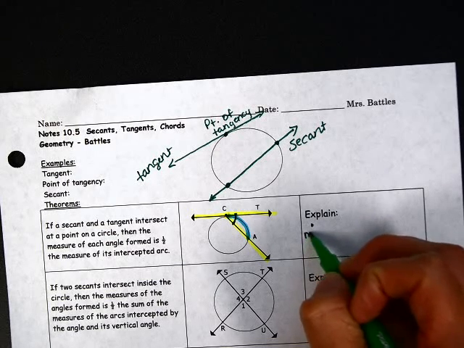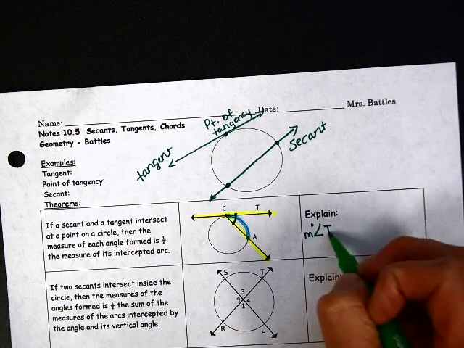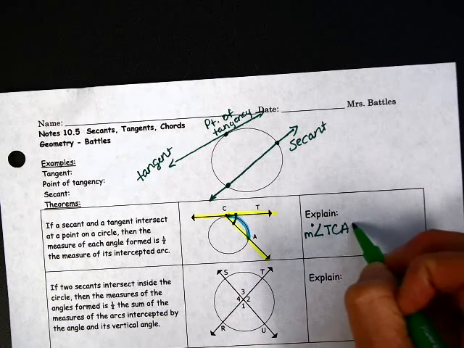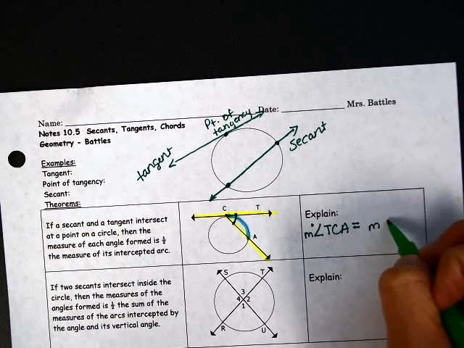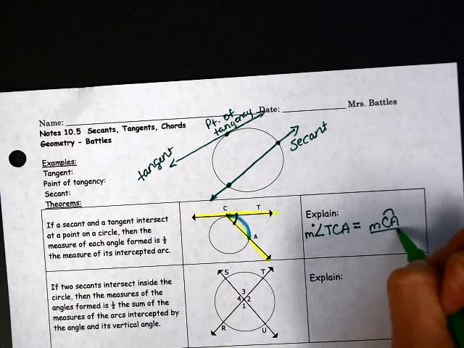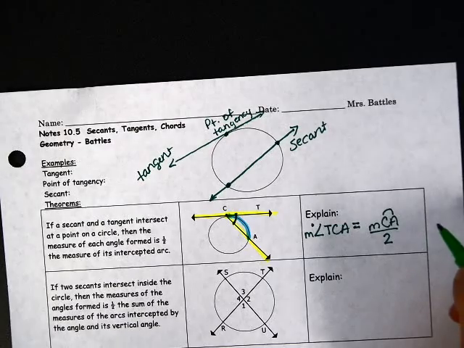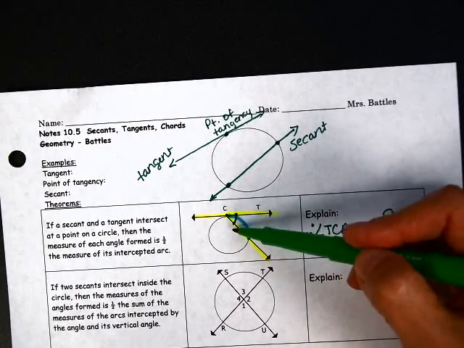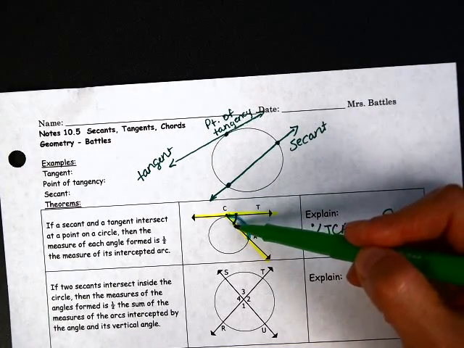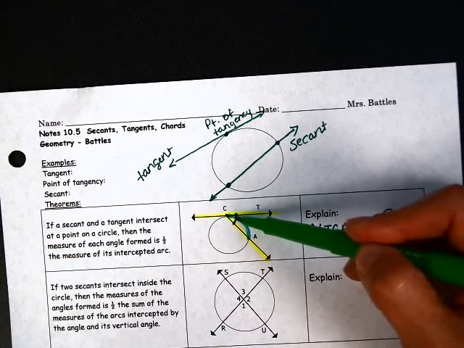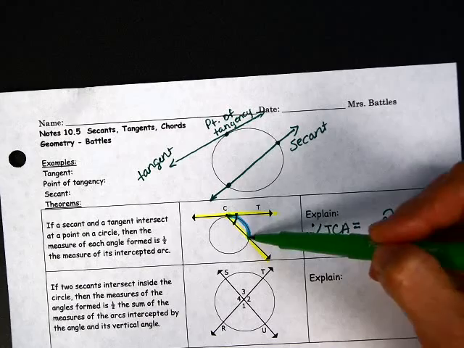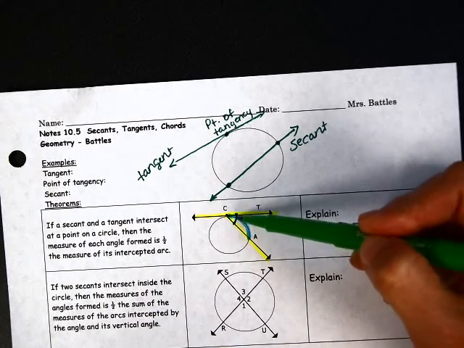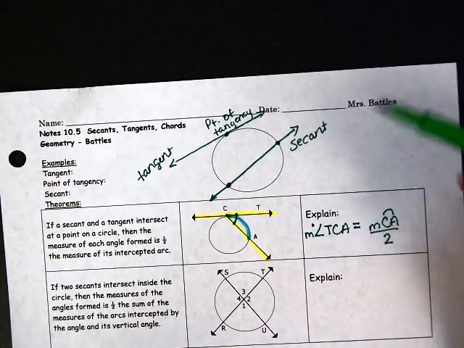So the measure of angle TCA is equal to the measure of arc CA divided by 2. So if this angle was 35 degrees, then this arc would be 70. And just the opposite of that, if this arc was 70, then this angle would be 35 degrees.